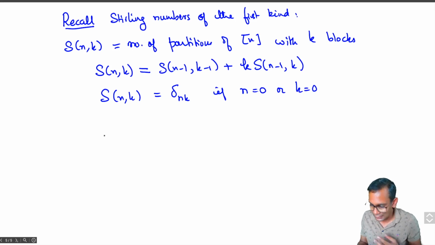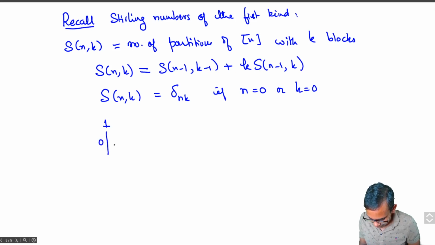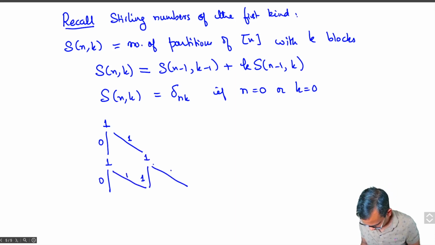And so similarly, this triangle is also easy to compute. So you start with 1. Now the vertical arrows depend on how far to the right you are, and the diagonal arrows are still 1. So sorry, this is 0. This is 0. You can't have a set partition of an integer greater than 1 with no blocks. So this again becomes 0 here, and this becomes 1.